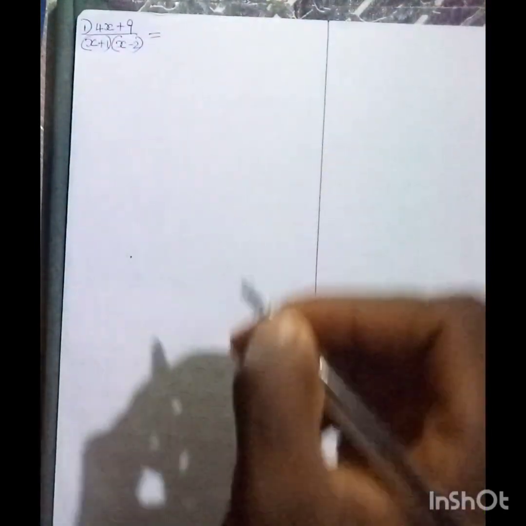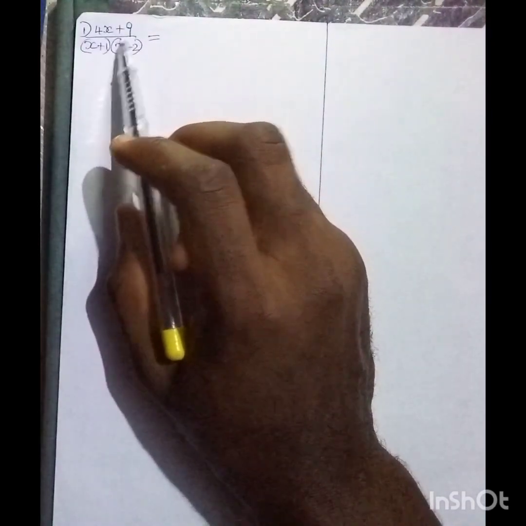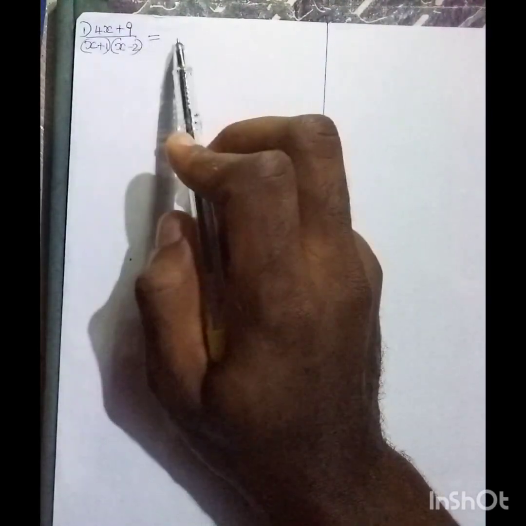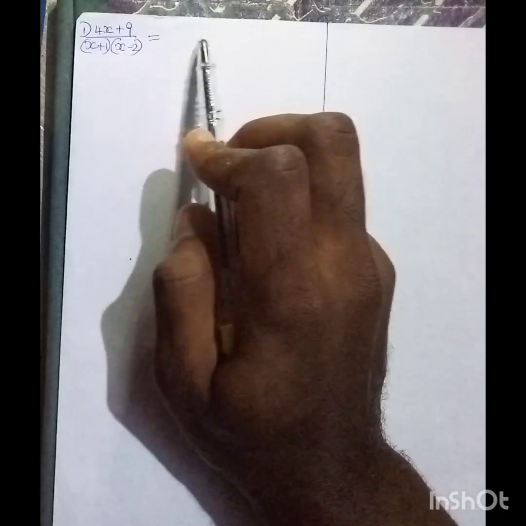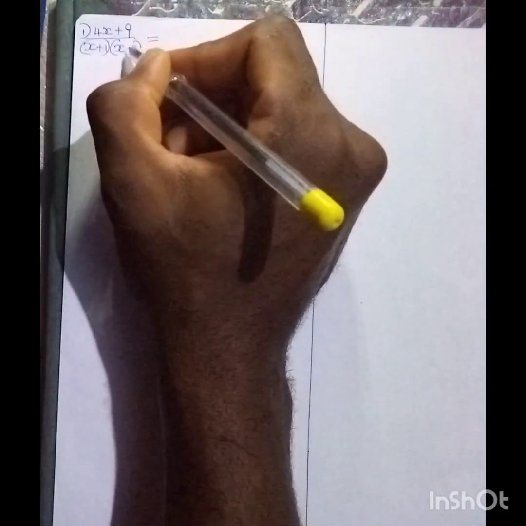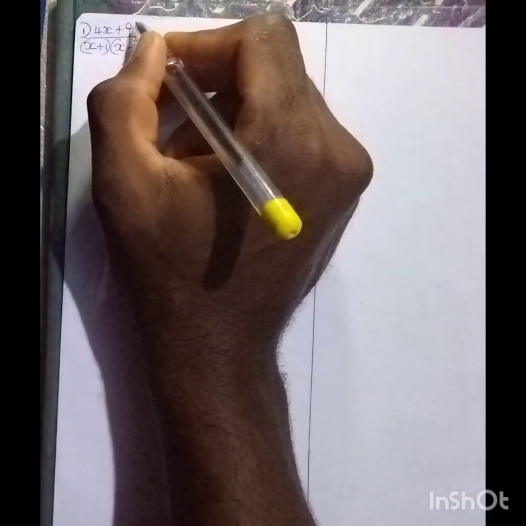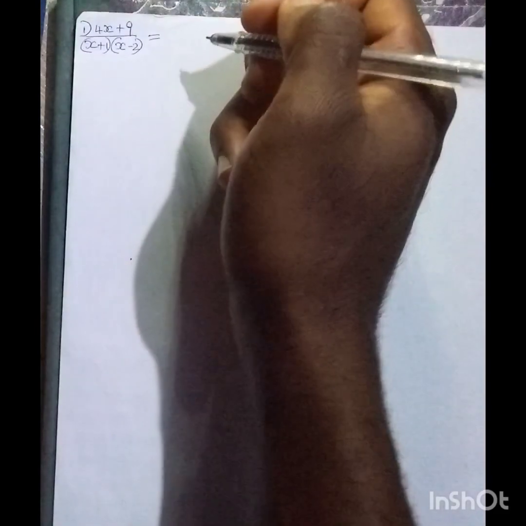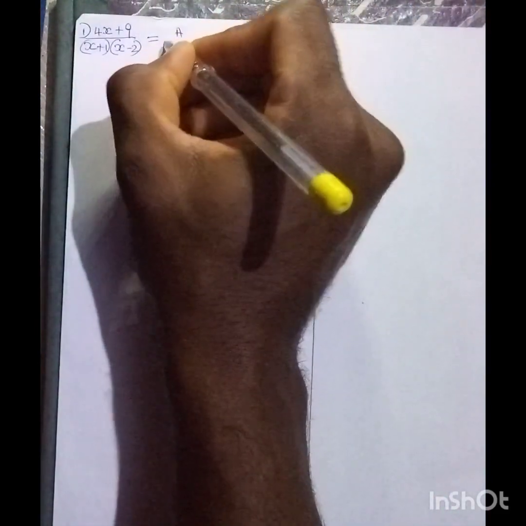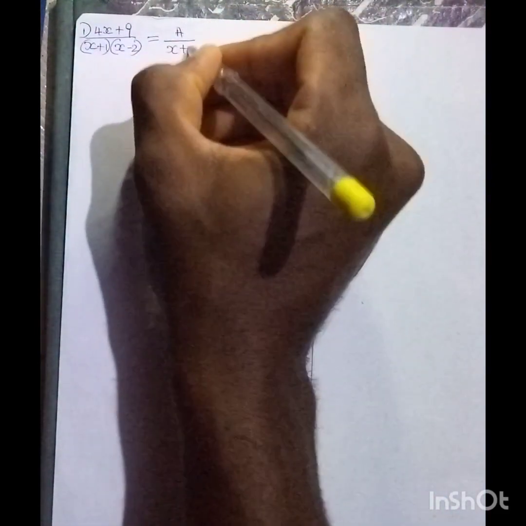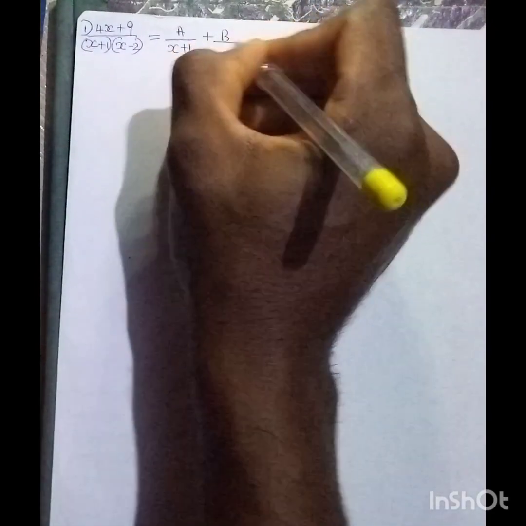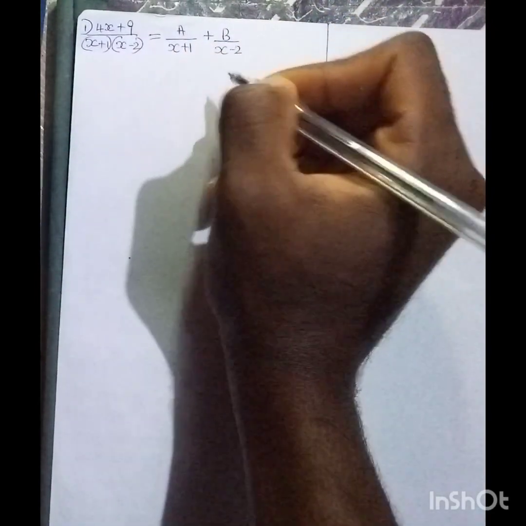By partial fractions, we mean this is the general fraction, and it gives two fractions that, when you add both of them, give you this one. The principle guiding this type of question is that the denominator is quadratic and the numerator is linear, so it is A over (x + 1) plus B over (x - 2).